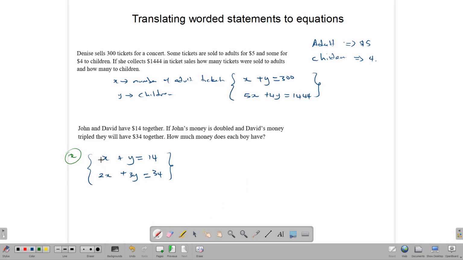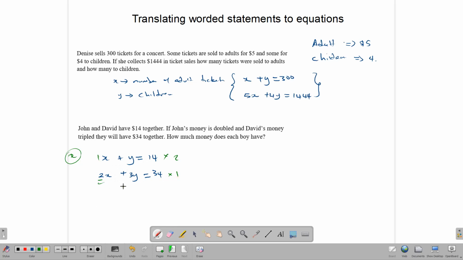This equation is 2x plus 3y equal 34. This equation is x plus y equal 14. So I'm going to multiply this first equation by 2, and the second equation can remain as it is, or we can multiply it by 1. So this 2 and this 1.